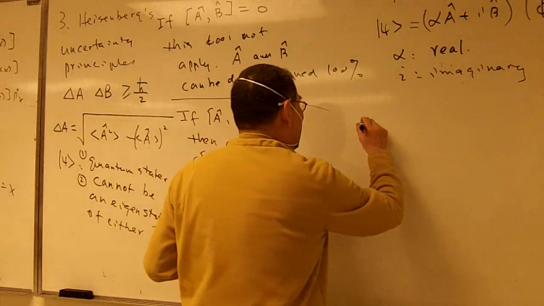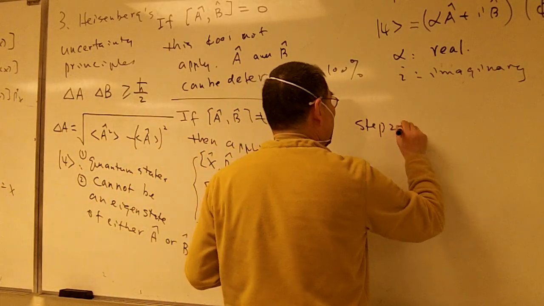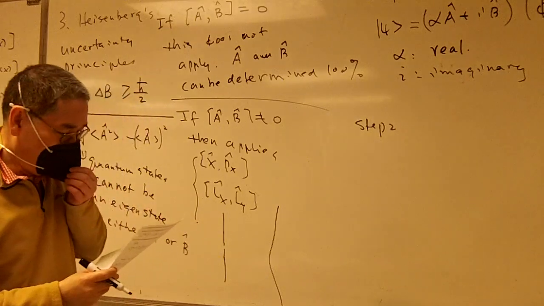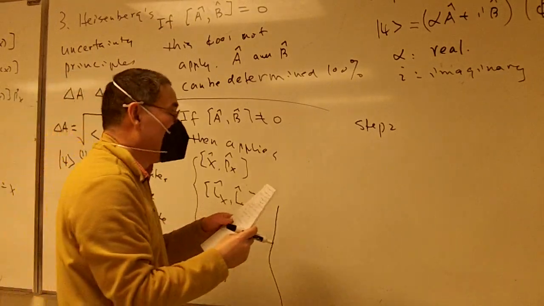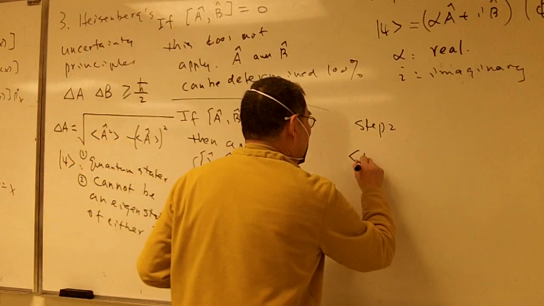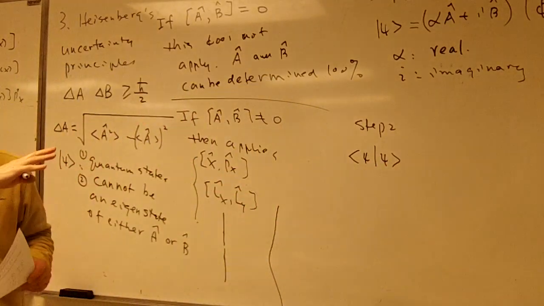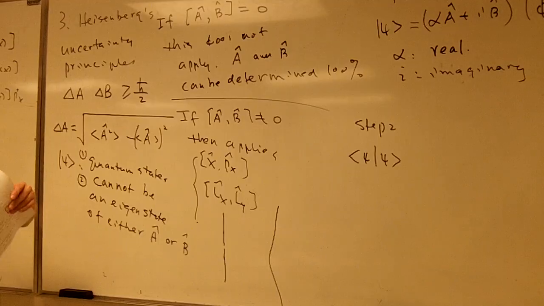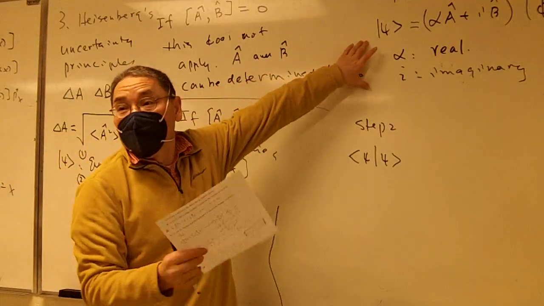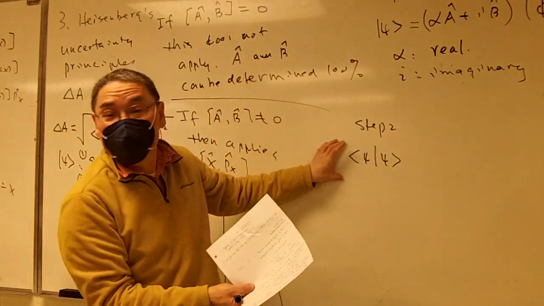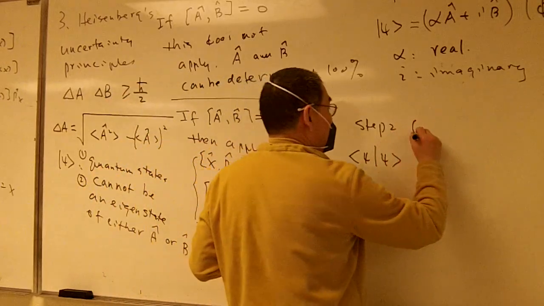The second step: we'll use the property of the probability density. We know this is a probability density. Now here is where the quantum mechanics, the physics, starts. So this is the physics step.